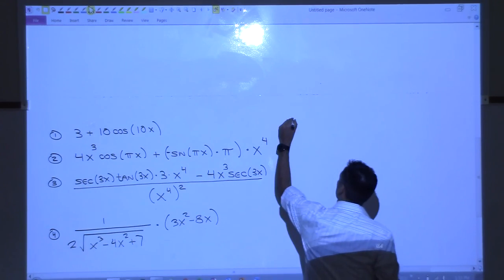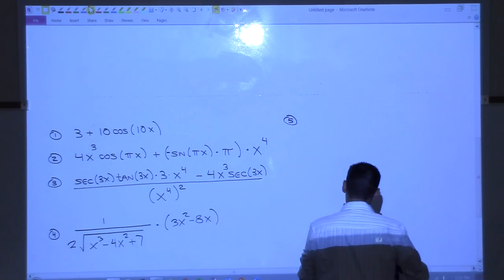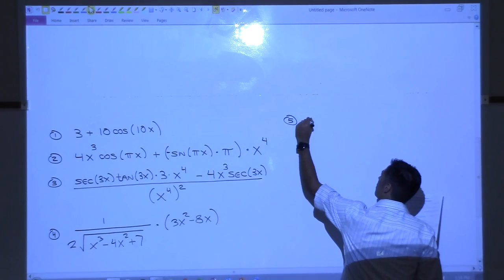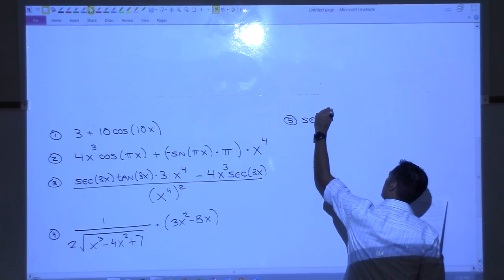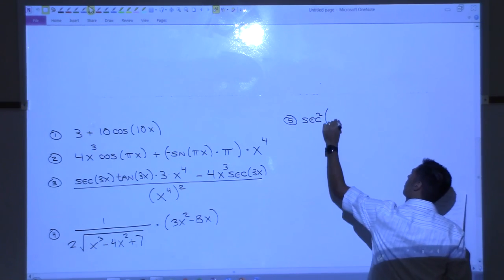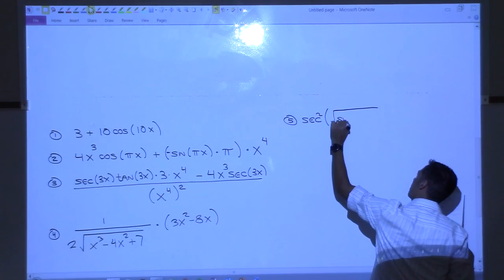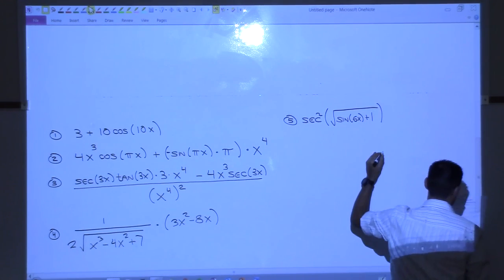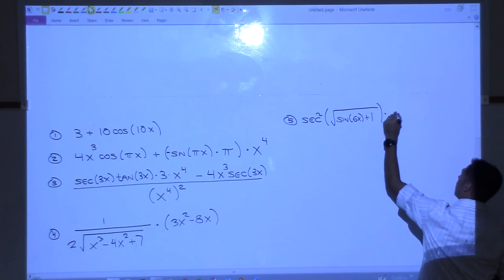Number 5. So for 5, this is some chain rule here. We've got secant squared of the square root of sine of 6x plus 1. And then times, now you take derivative of the square root part.